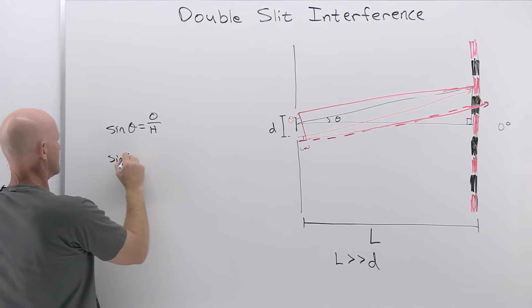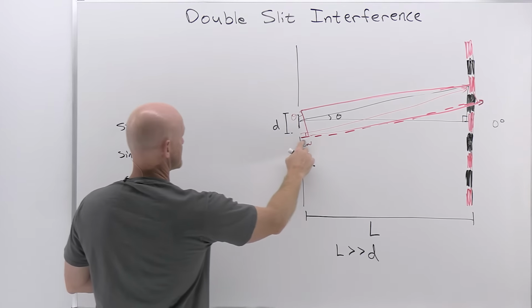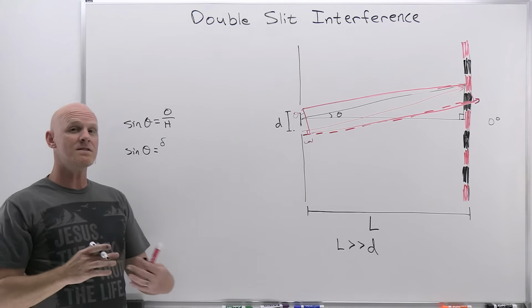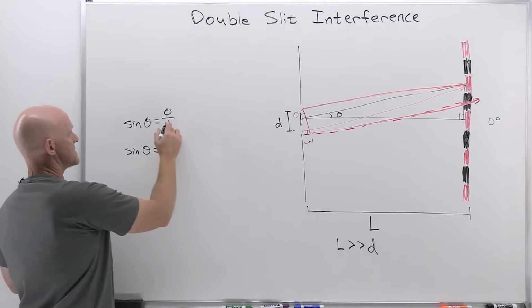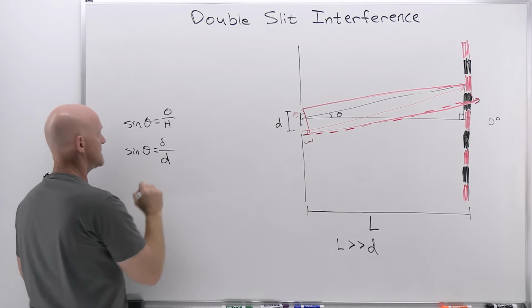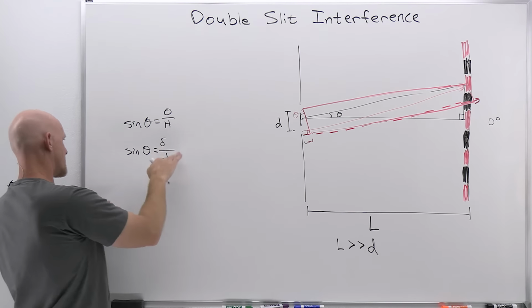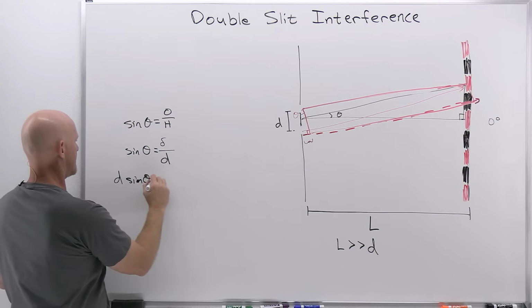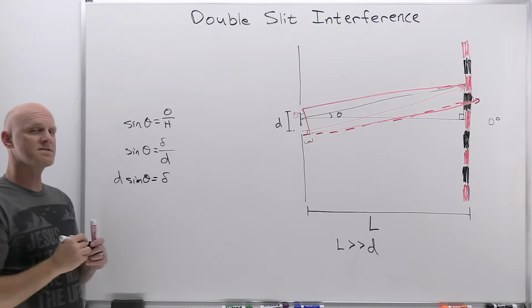In our case, the opposite would be this thing we're looking for, which we're going to call delta, the difference in the path length between these two light rays. And the hypotenuse is equal to d, the distance between the slits. If we rearrange this just a little bit, we can see that d sine theta is equal to delta, our difference in path lengths.